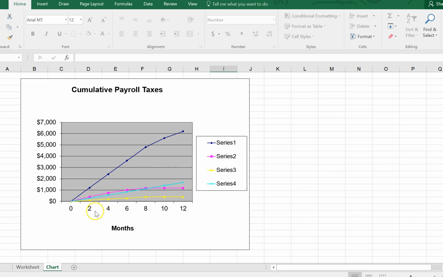For example, FUTA has a very low maximum of $7,000 annually and has the lowest rate out of all the taxes at 0.008 or 0.8%. So the lowest line on the chart, or Series 3, would be FUTA. Use this type of logic to differentiate which tax is which.